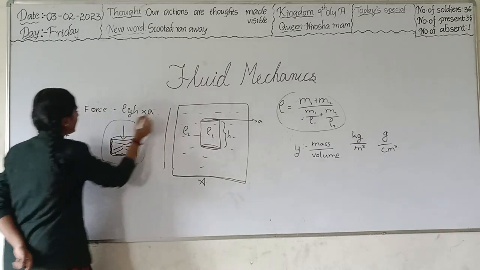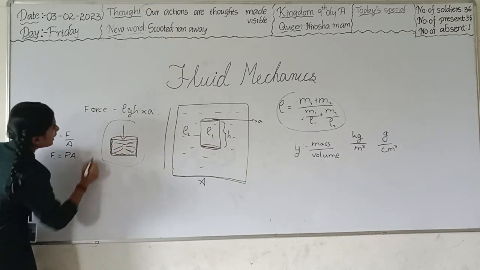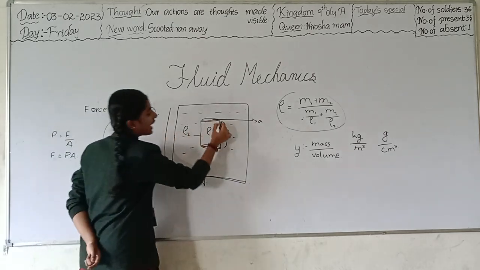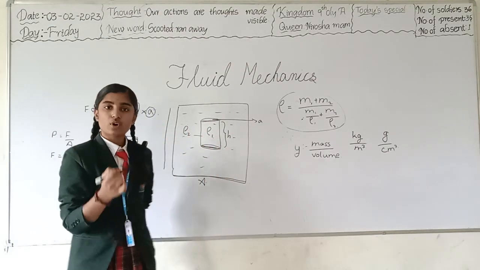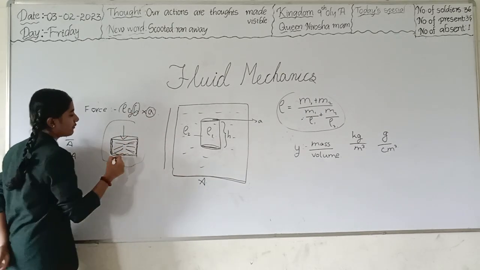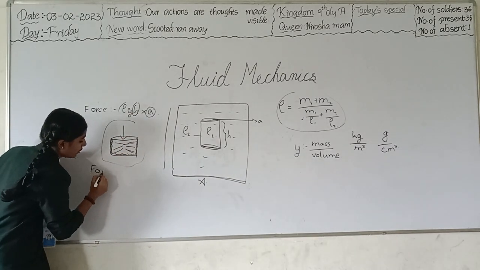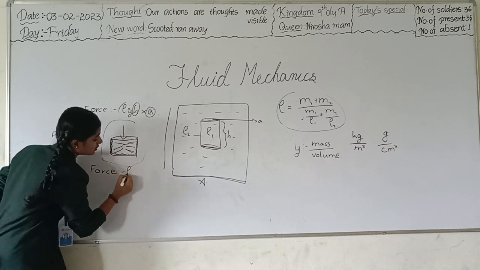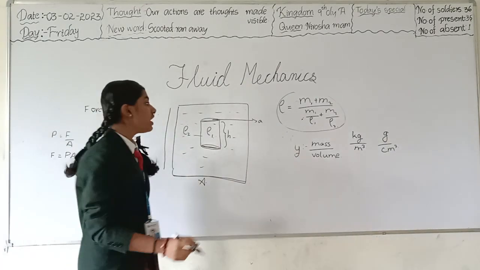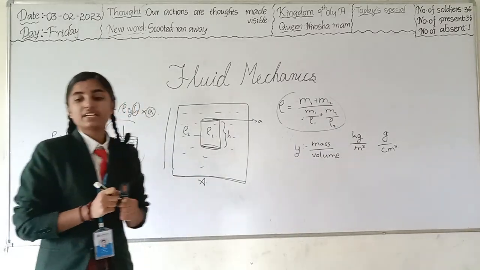If we multiply that, we get, as we know, H into A. That means height into area, we take it as volume. So we write V in the place of HA. That means buoyant force is equal to rho G into volume of that substance. And the next one is Archimedes' principle.